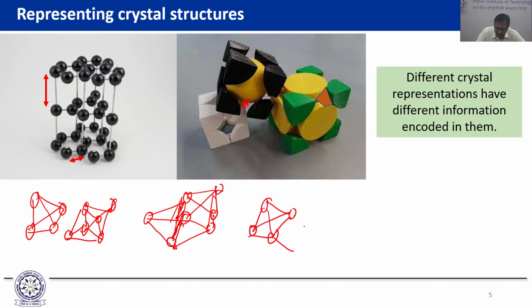So let us say that only this edge is being shared by these two polyhedra. And similarly, you can have a situation where instead of an edge like this, only a corner is shared. So depending on which type of crystal structure representation you select, you can actually start encoding different information. So the choice of the structural representation also matters when you are trying to think in terms of a feature vector, a structure-based feature vector, which is analogous to the composition-based feature vector.